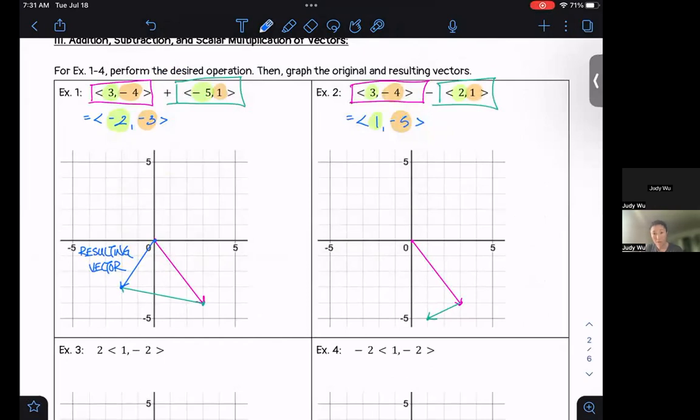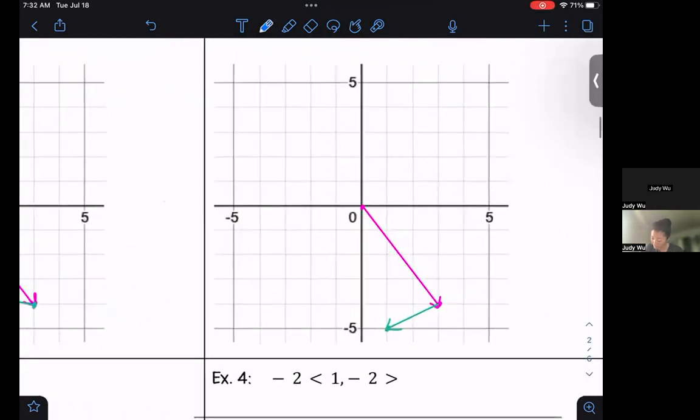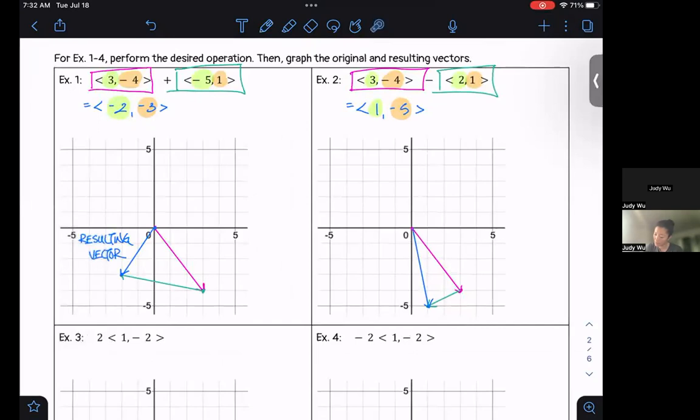Now, if I draw my resulting vector, let's see what we get. Over 1 and down 5. Perfect, okay? So, key point here, plus means you line them up head to tail, but the minus means we go in the other direction, okay?